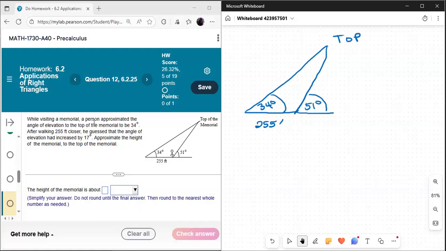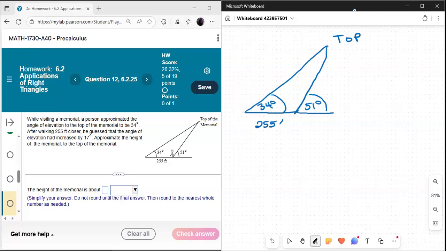So while visiting a memorial, a person approximated the angle of elevation to the top of the memorial to be 34 degrees. We've got that. After walking 255 feet closer at the base there, he guessed the angle of elevation had increased by 17. So 34 plus 17 is now 51. Approximate the height of the memorial.